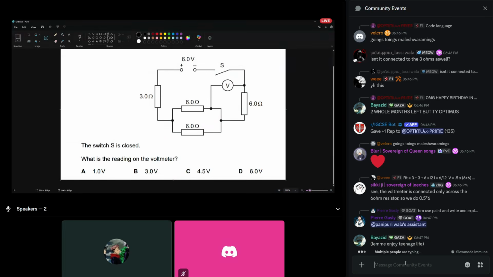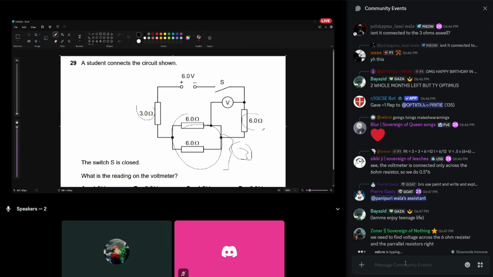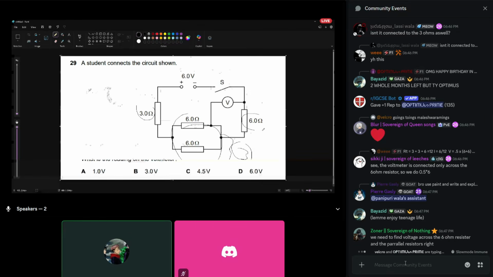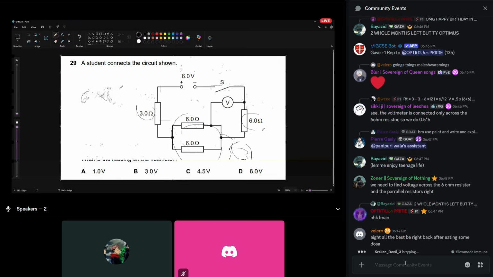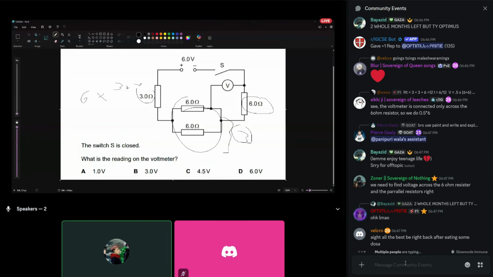Okay, let's look. Instead of considering the 6 ohm, I'm just going to consider the whole thing as 3. So 3, 3, and 6. So all I'm going to do is 6 into 3 plus 3 plus 6.